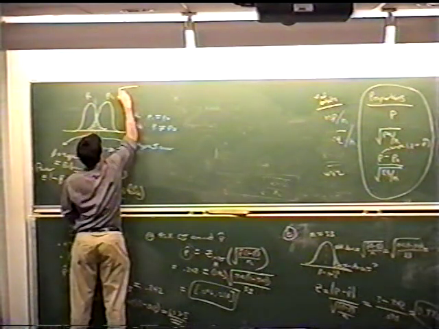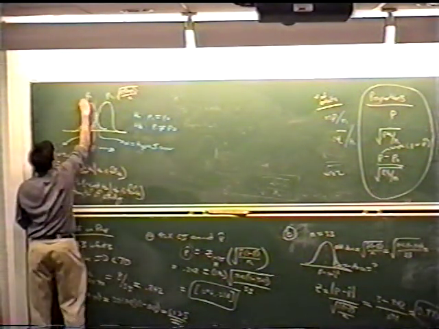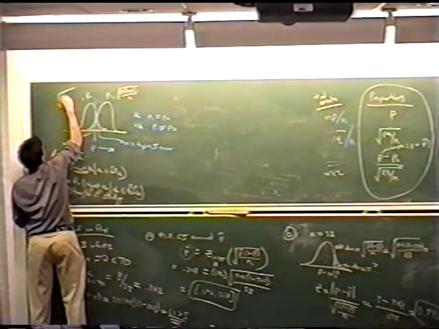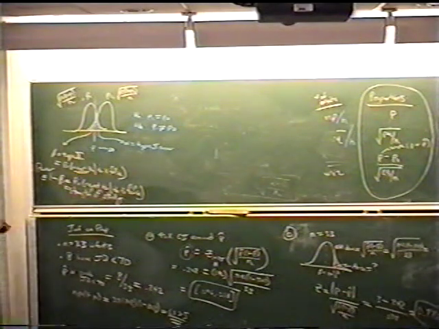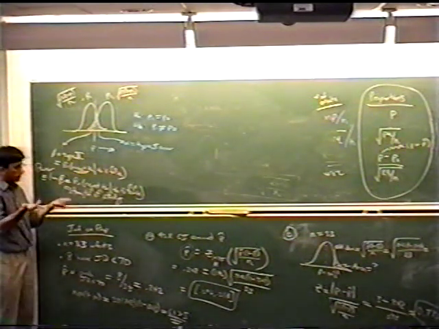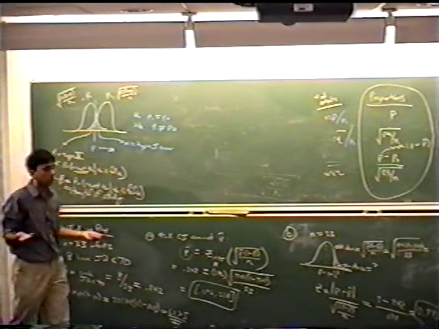This one will have a standard deviation of the square root of P1 times 1 minus P1 over n. And this one will have its standard deviation the square root of P naught times 1 minus P naught over n. Okay? So let's just say in this case we're going to say that they have different standard deviations, and that we can't assume that they're equal.